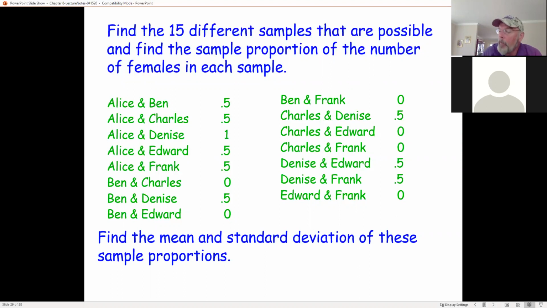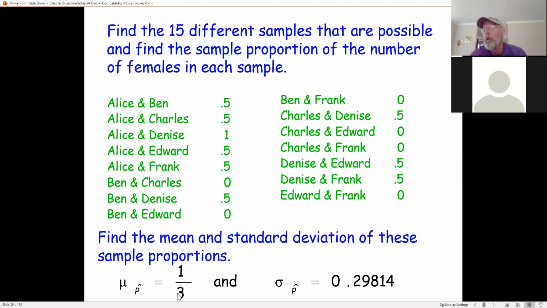They are all proportions. So if we were to think about the mean and the standard deviation of the sample proportions, the mean is going to be 1/3. So this here is mu sub P hat. We're taking all 15 of the proportions, and that is the same as the original proportion.